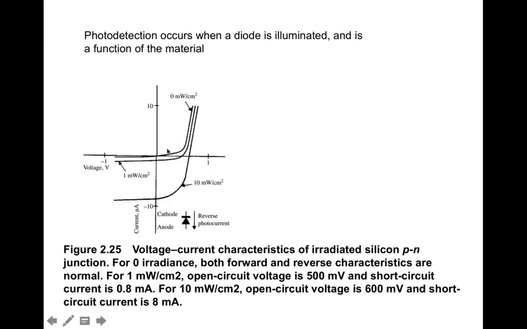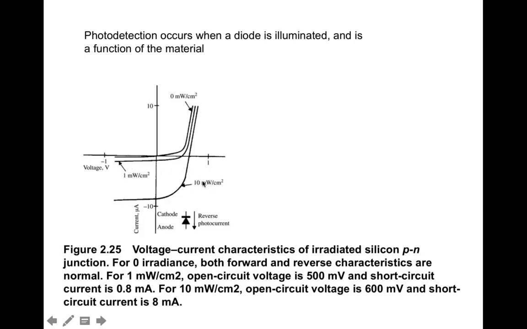There still is the diode characteristic, but when you radiate with a milliwatt per square centimeter, you can see the reverse voltage is decreased and the forward voltage at a given current location is also decreased. So anyway, you can see how those things move when you irradiate them.